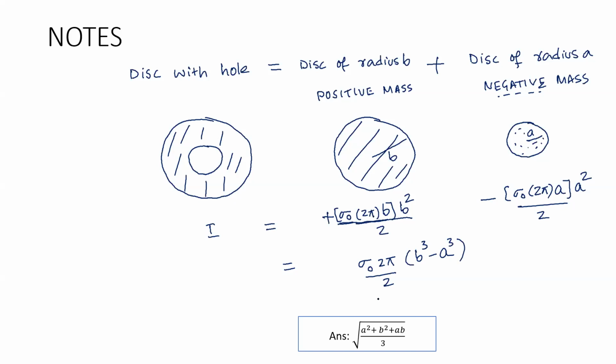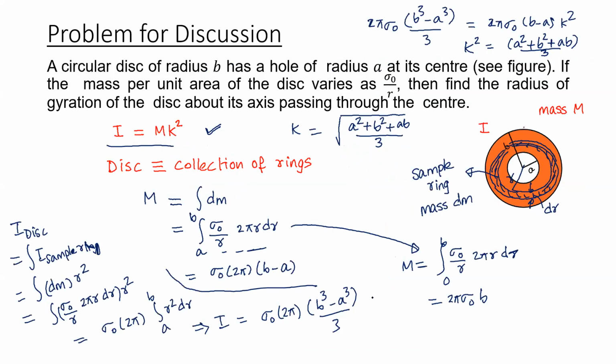But the problem is we are missing a 3. If you look at this here, we have a 3 there, but we don't have a 3 here. So what might be happening here? You understand what is happening here?